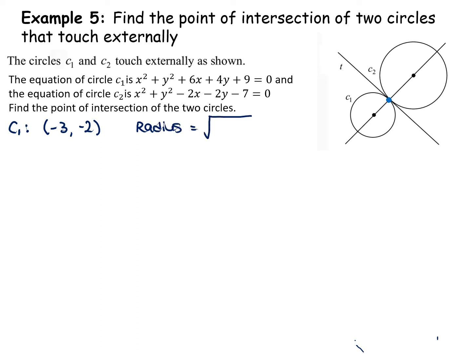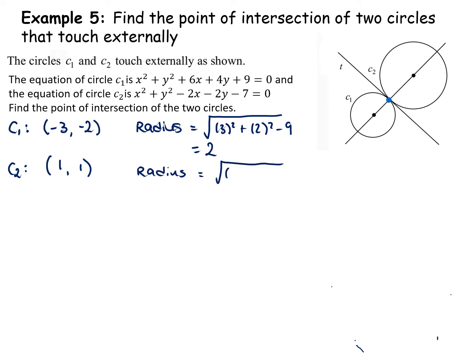It's the square root of 3 squared plus 2 squared minus 9, and that works out as 2. Doing the exact same thing for circle 2, we get 1, 1 for minus g, minus f. And our radius for circle 2 is the square root of minus 1 squared plus minus 1 squared minus 7, and that gives us the square root of 9, which is 3.